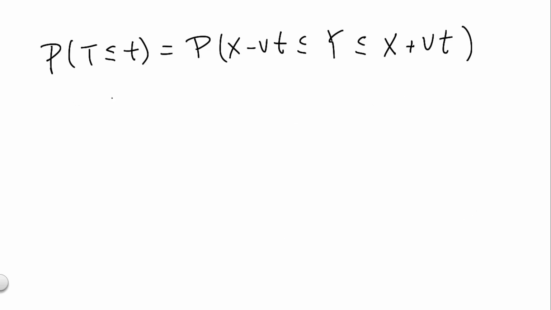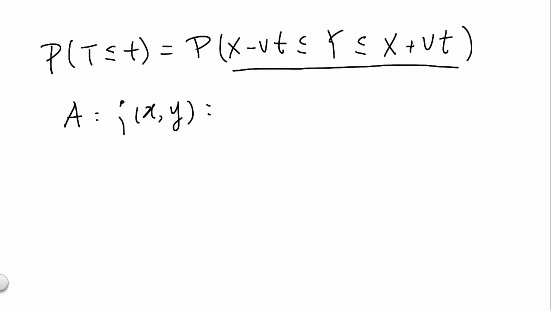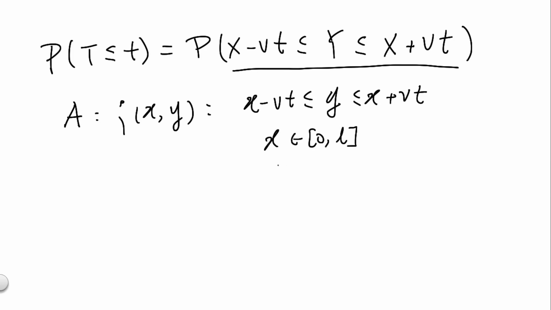To compute this quantity, we'll define a set A as the set of all points that satisfy this condition. In particular, it's the set of all pairs X and Y such that X minus vt is less than or equal to Y, less than or equal to X plus vt, and also that X is within 0 and L, and so is Y. So the set A will be the set of values we'll be integrating over.